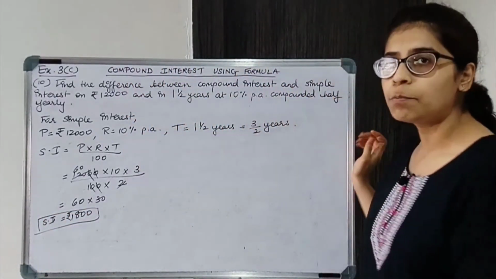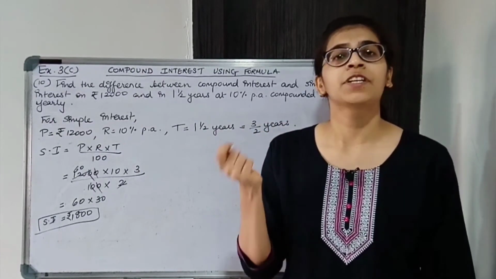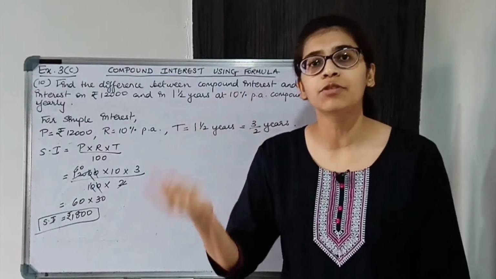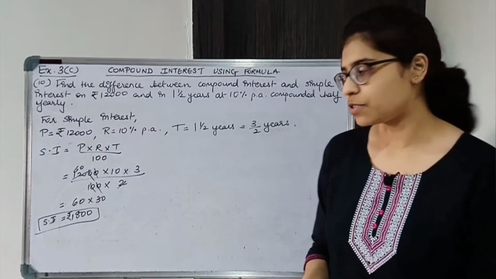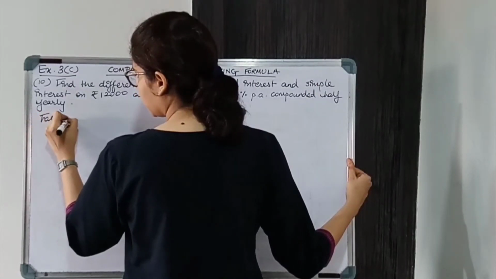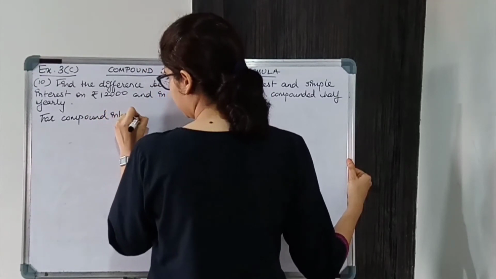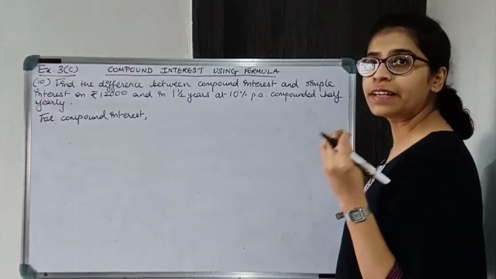Let us find compound interest. Now the compound interest is getting compounded half yearly. So over here the rate of interest becomes half and the number of years is multiplied by 2. So let us now find compound interest. For compound interest, firstly, it is getting compounded half yearly.